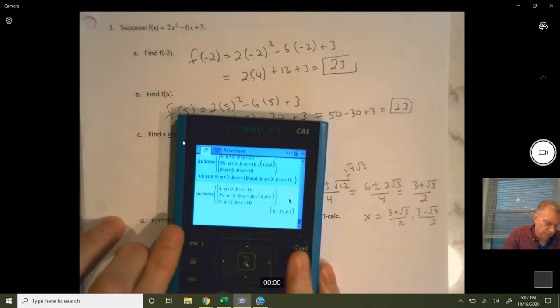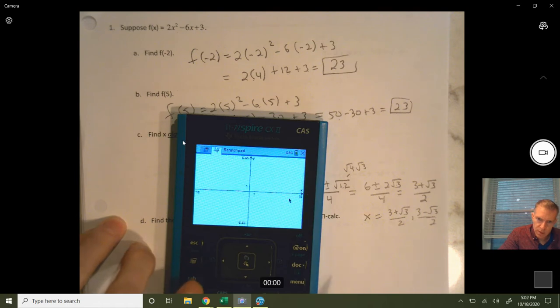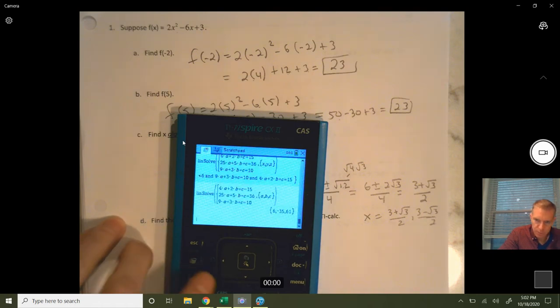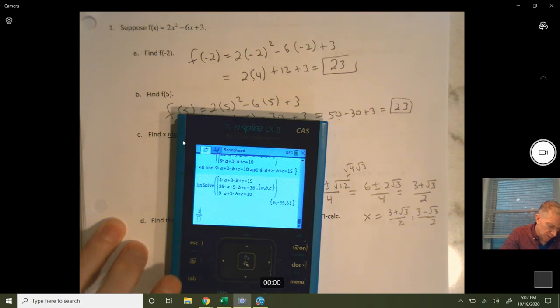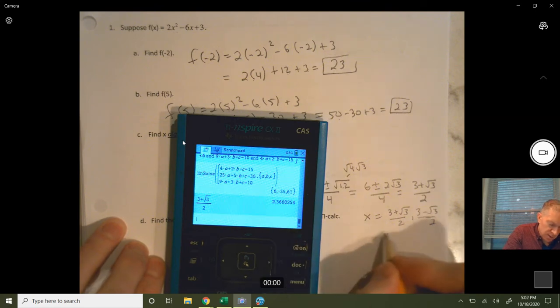Just for fun, let's look at what this equals on our calculator. Just plug in, just find a decimal value. So control divide 3 plus square root of 3 divided by 2. Do control divide. So that's going to be about 2.366.